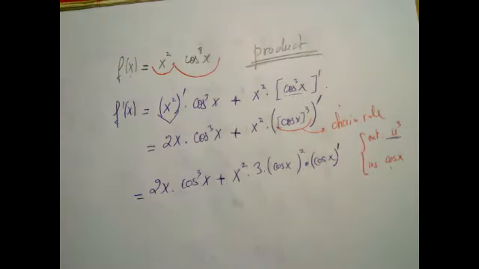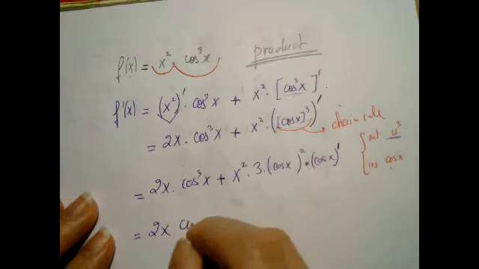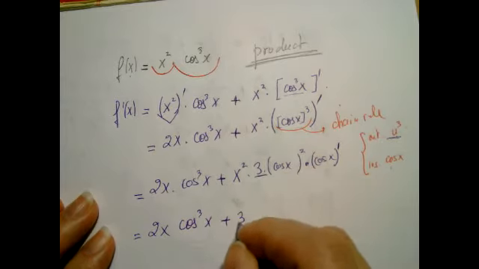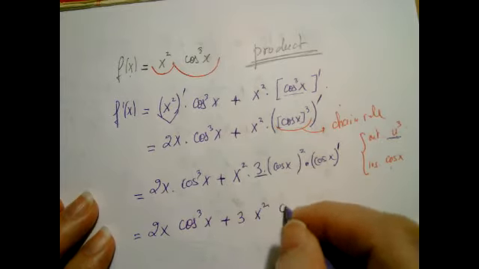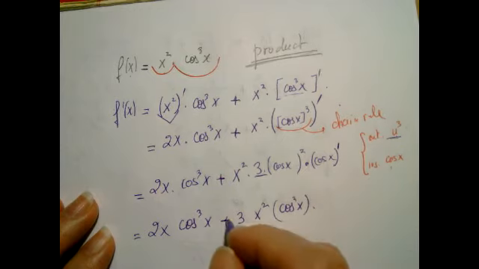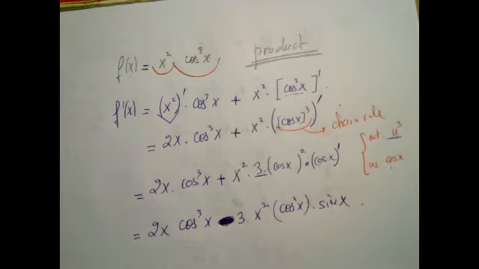That's why it's a chain. So finally, I get 2x cosine cubed x plus, there is a 3 in here, I can pull it out, 3x squared cosine squared x times the derivative of cosine, which is minus sine, so I can put the minus in here.